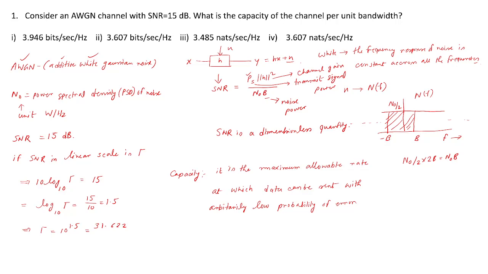But once you start transmitting data at a higher rate than the channel capacity, the channel no longer ensures the reliability of communication. That is, your probability of communication failure is going to be there, a non-zero probability. That is the concept of capacity.